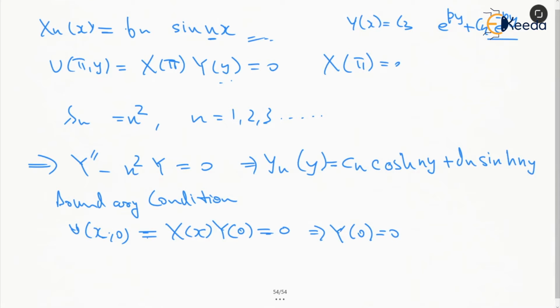Now if we put y equal to 0 in this case, what we can see is sin hny and cos hny. So in that case, Cn has to be 0. This concludes Cn has to be 0, and then yn y becomes dn sin h ny.